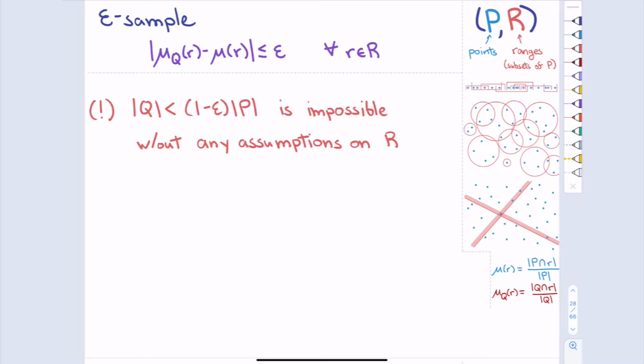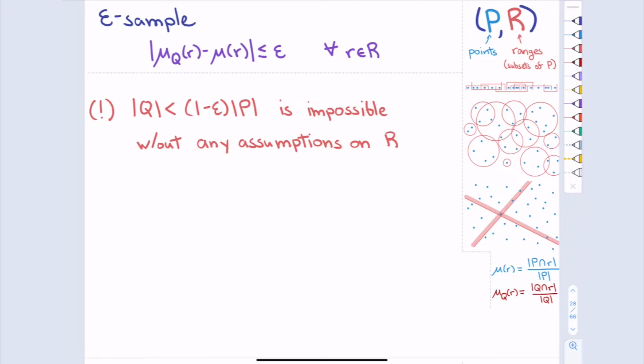So in general, P and R, P is a set of points, R is a family of subsets. You can choose whatever you want. I'm asking you guys to construct a set system. Yeah, okay, that's fine.